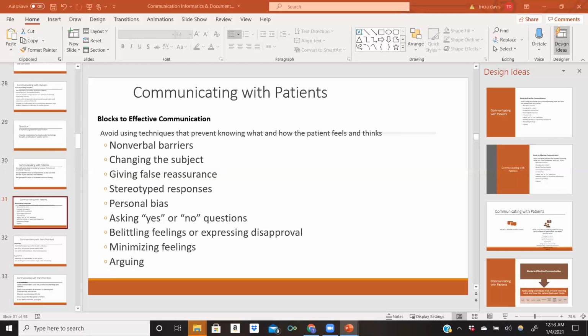You don't want to have any belittling feelings or expressing disapproval. So if I want to go in and give a patient a subcutaneous injection in their belly of heparin, we tend to give that prophylactically for some of our patients, because when you come in the hospital and you're not moving around, you're at risk for developing a blood clot.